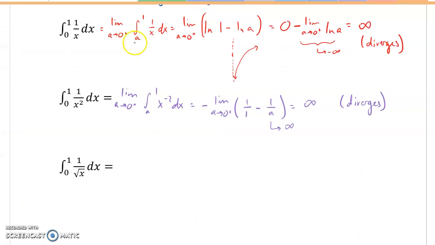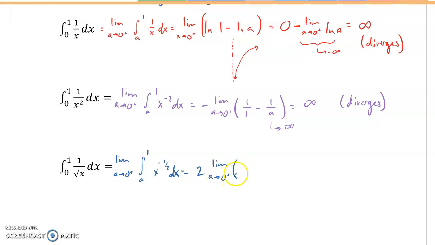We'll go ahead and see what happens in our blue integral if we evaluate this improper integral. Again, we're going to let a approach 0 from the right, and we've got the integral from a to 1 of x to the negative 1/2 dx. And remember, we already did this before. We got 2 times the square root of x, so we'll factor out the 2. Let the limit approach 0 from the right.